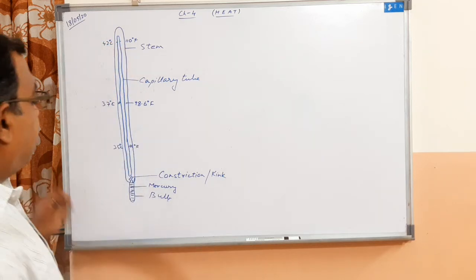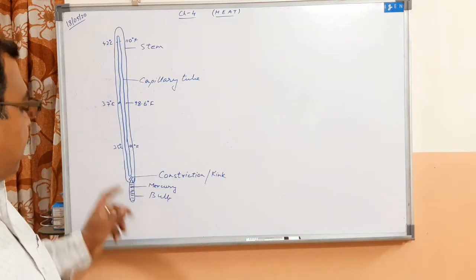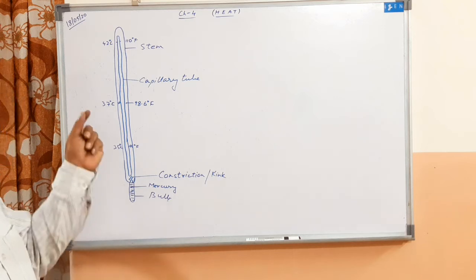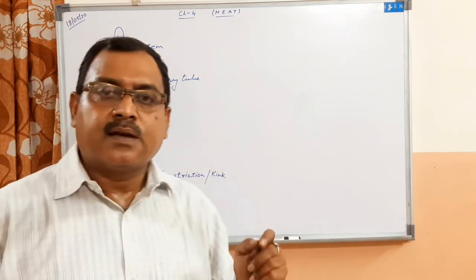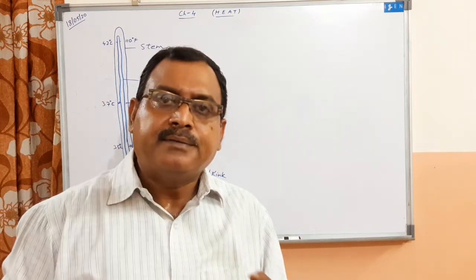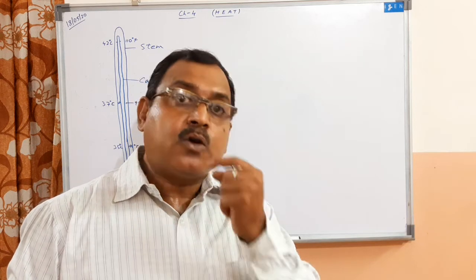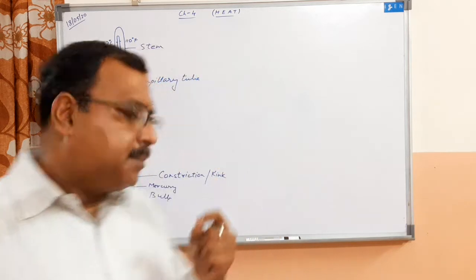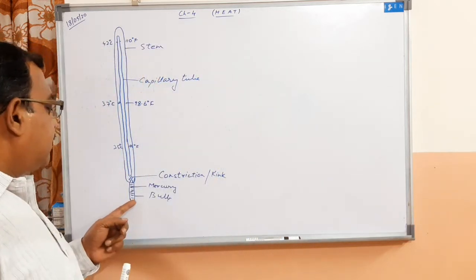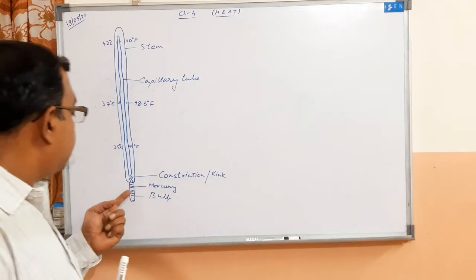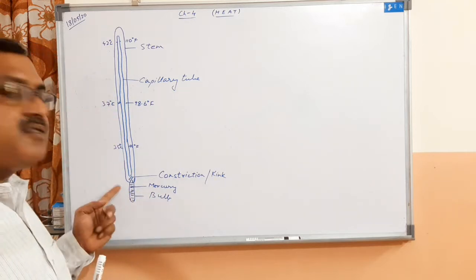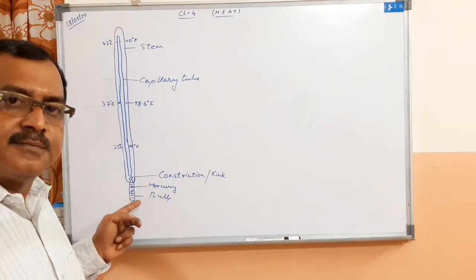Right? Now, what happens whenever this thermometer is kept at the armpit or below your tongue? The heat of the body will be absorbed by the bulb, which will be transferred to the mercury inside.